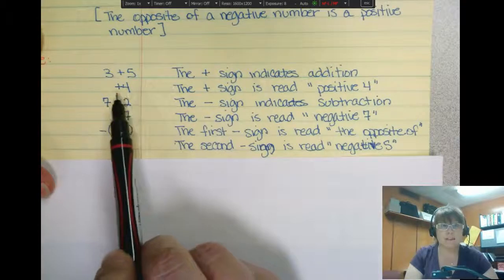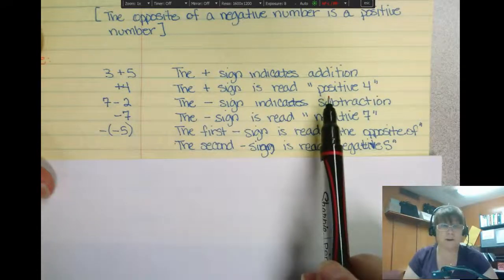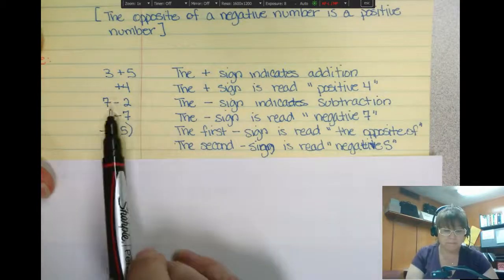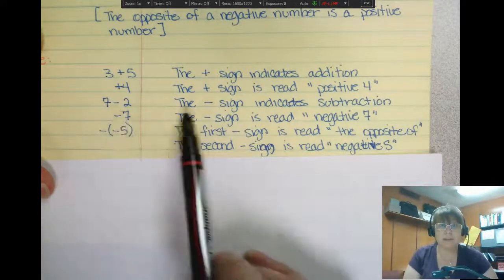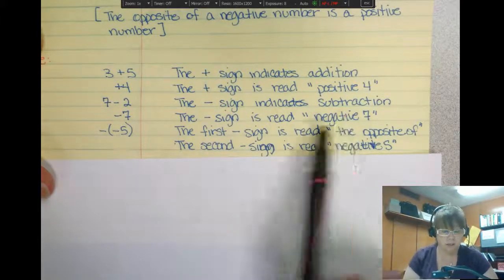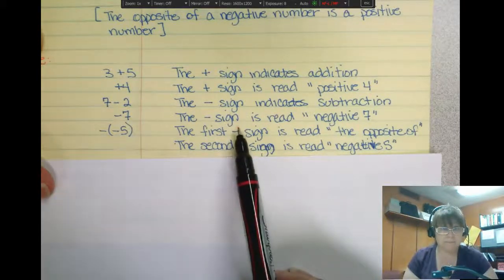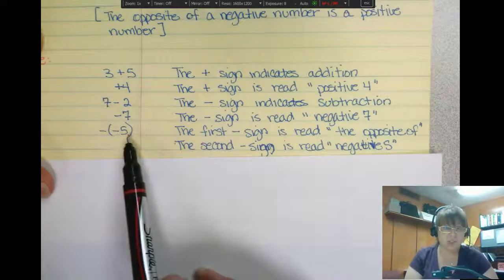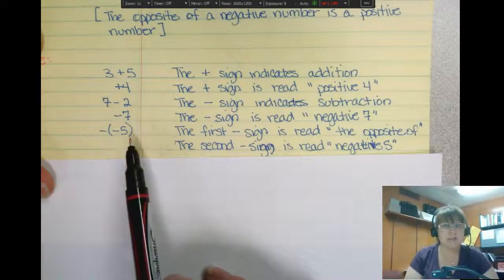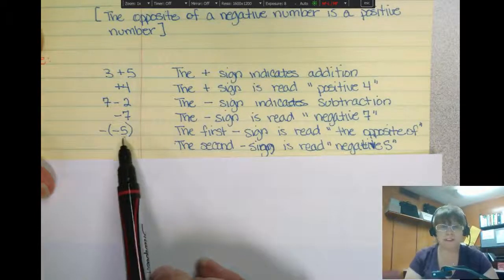Plus 4 or positive 4, the plus sign is read positive 4, meaning not negative 4, but to the right of 0 4 units. 7 minus 2, the minus sign in this case indicates subtraction, whereas minus 7 indicates negative 7. And minus negative 5, however you want to read it, is actually read the opposite of negative 5. And the opposite of negative 5 is positive 5.